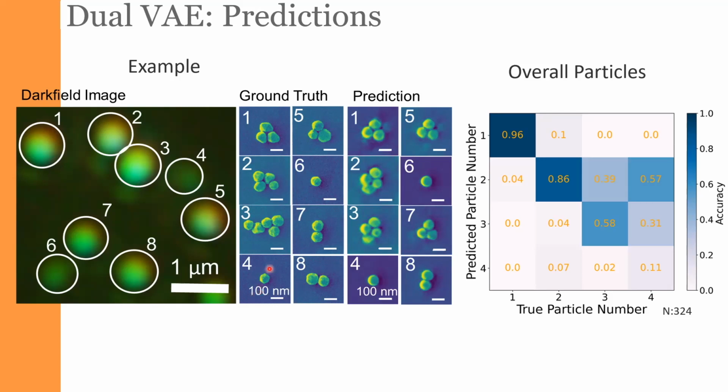And then if we look at 4 and 8, this is a monomer and a dimer, and they were reconstructed as a monomer and a dimer. So basically, it turns out that based on the optical spectra, which are very easy to measure, we can reconstruct the shapes of the particles, which takes much longer time and much more effort to measure on a different microscope.